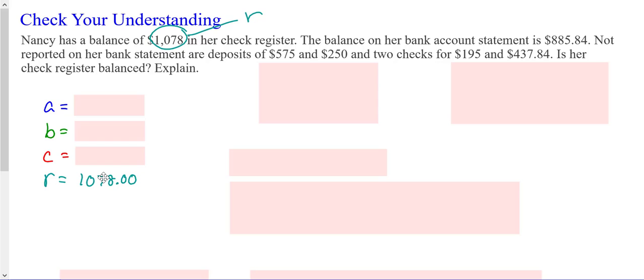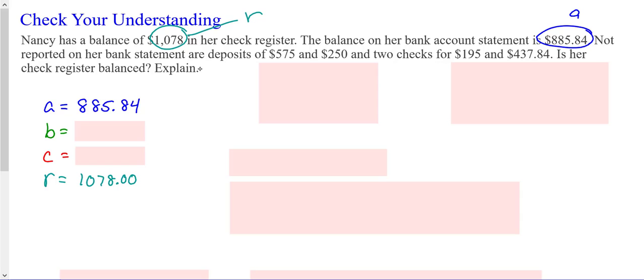The balance on her bank account statement is $885.84. Okay, so that is going to be our A amount. That is what our ending balance is on our bank statement.